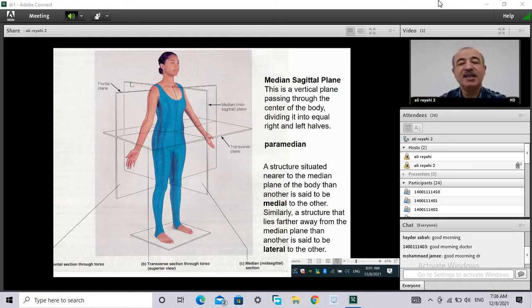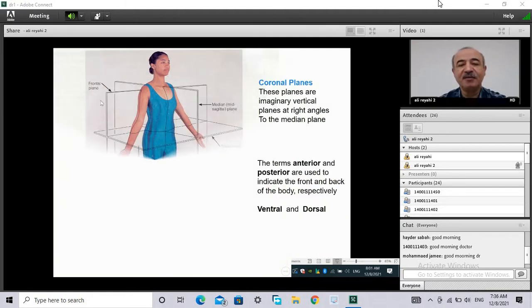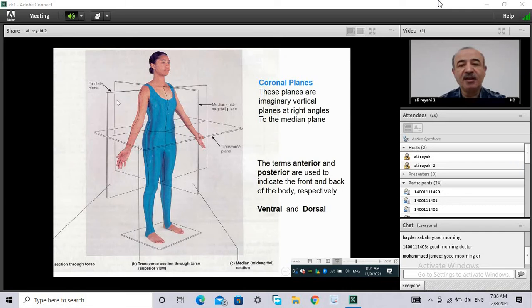So this is the median sagittal plane. The other plane that passes through the body is coronal. If you remember, it is the other vertical plane that passes through the body and divides the body into two halves, anterior and posterior.